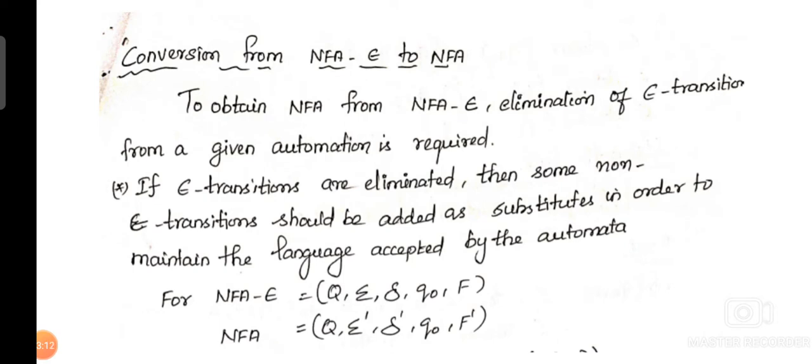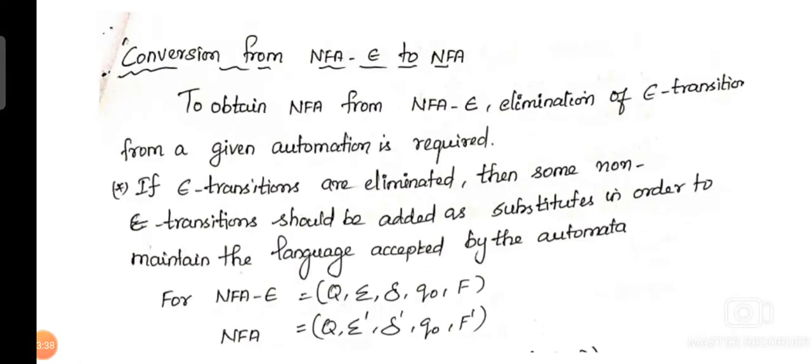Now we are going to see the definition of the NFA corresponding to NFA with epsilon transitions. So we will use sigma dash for sigma, delta dash for delta. Q0 is the starting state. In both cases, both in NFA epsilon and NFA, the starting state will be the same, but the final states may vary.